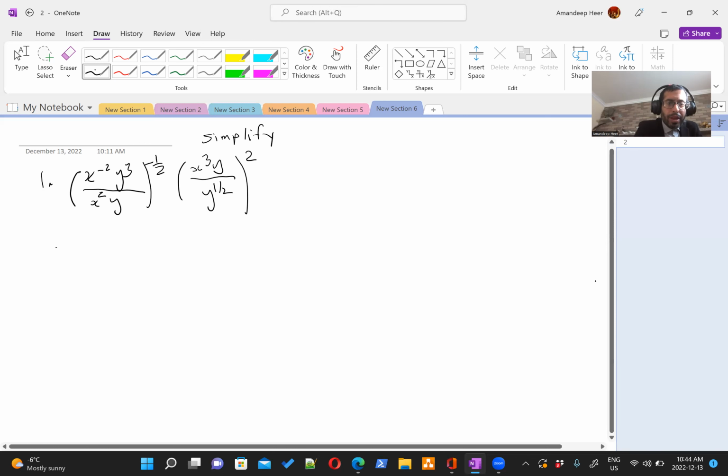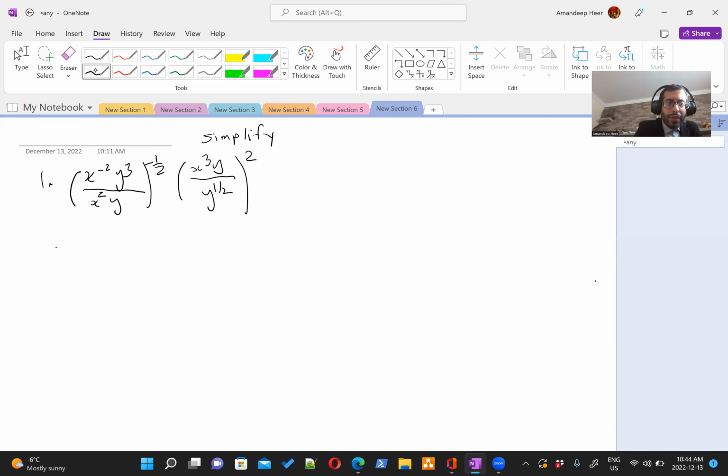The first step is we have these exponents, negative a half here, this negative a half right here, and this 2. So what we want to do is distribute them. Let's do that right here.